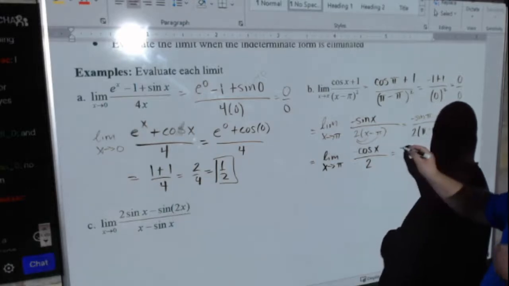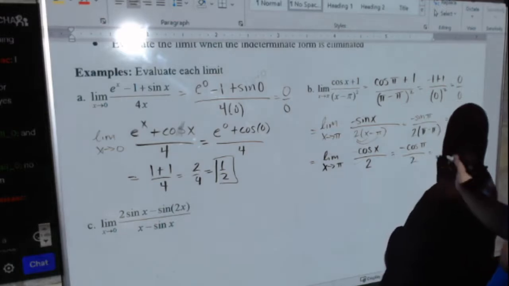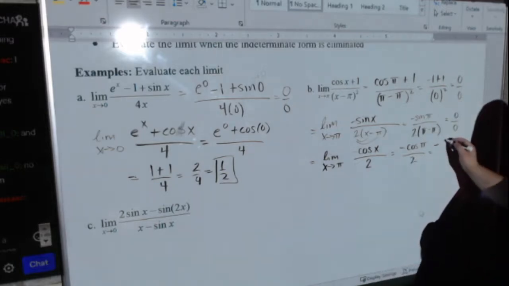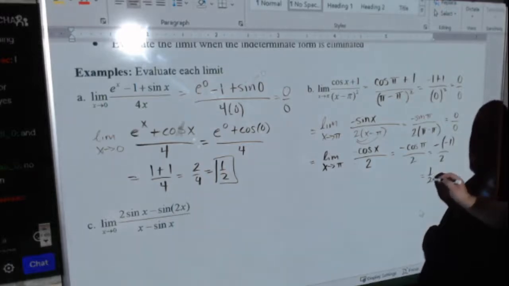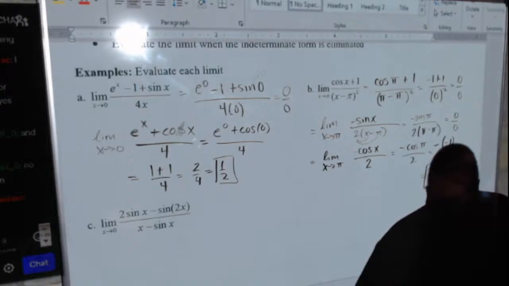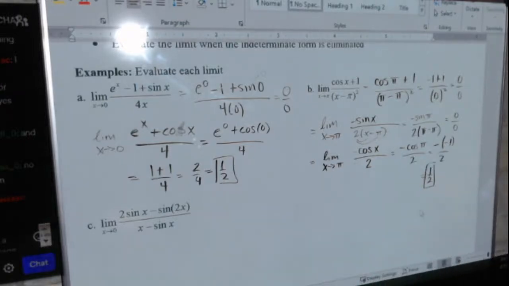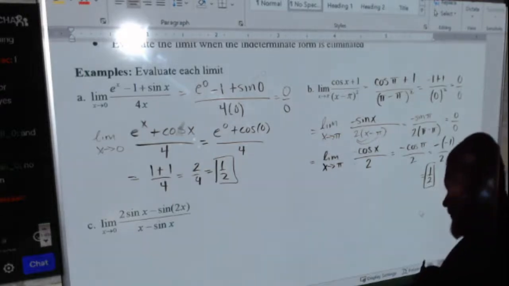So plug in pi again. That is minus a negative 1 over 2, or once again, 1/2. All right. Any questions so far?